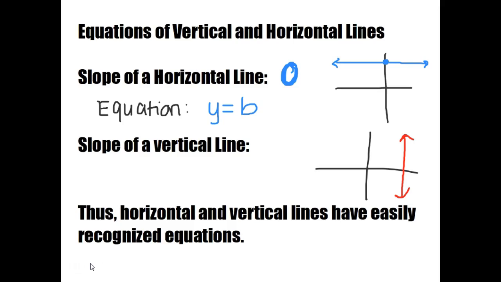The slope then would be a number over 0. Can we divide by 0? No. So if you try to divide by 0 in math, does anybody know what that's called? What do you think, Dominique? Not no solution. It's a little different.